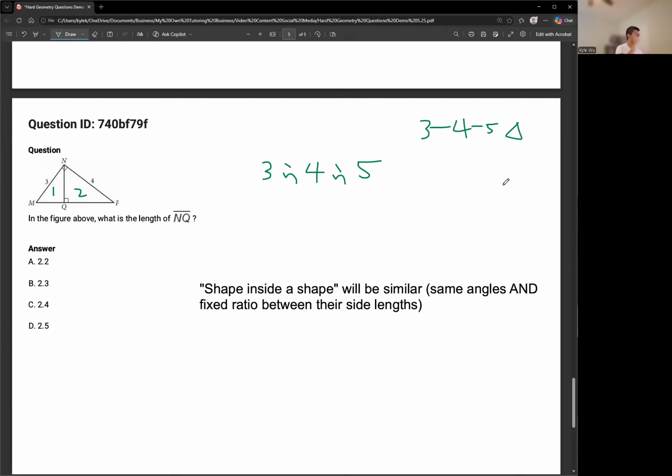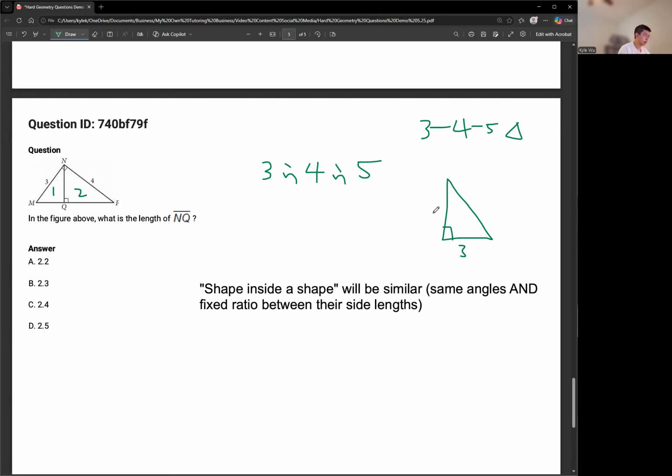Now, what did we say earlier? Every single triangle here, triangle 1, triangle 2, and also the big triangle, all 3 of them will be similar to each other. They will all be a 3, 4, 5 triangle. They will just have slightly different ratios between the side lengths. They'll have a fixed ratio between the side lengths. And so if you take a look at a 3, 4, 5 triangle, right?